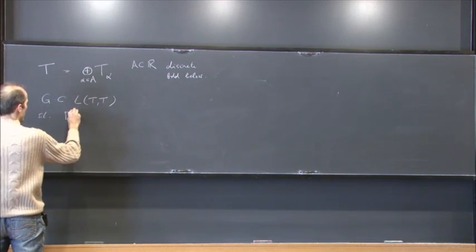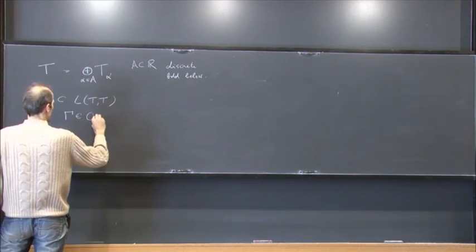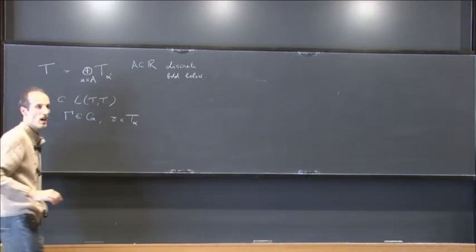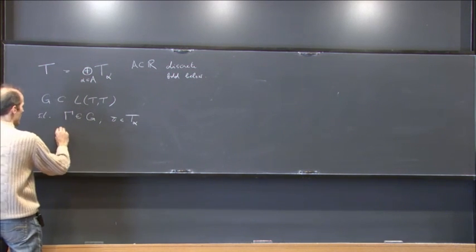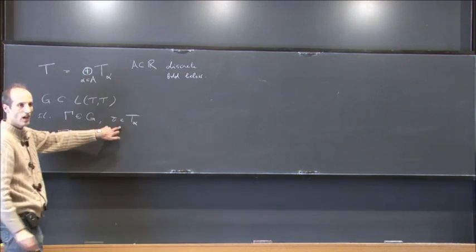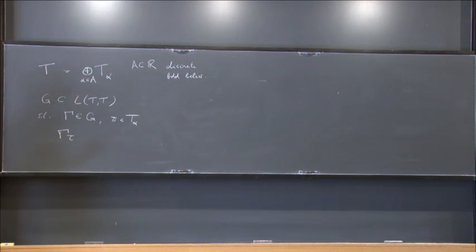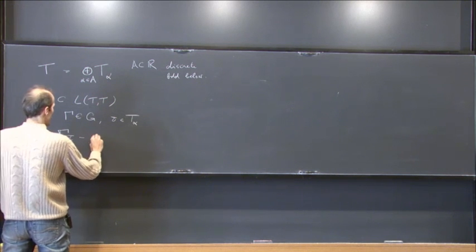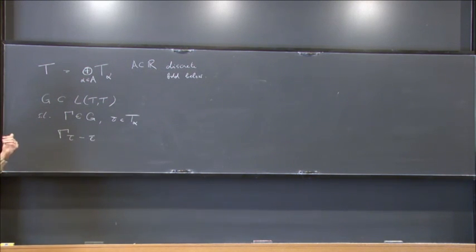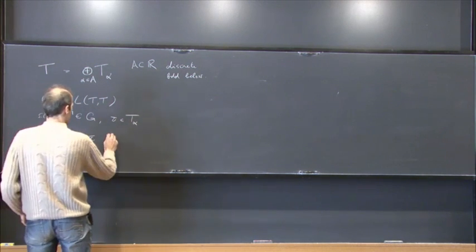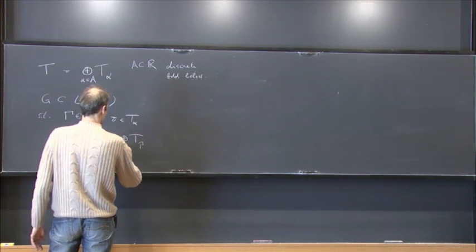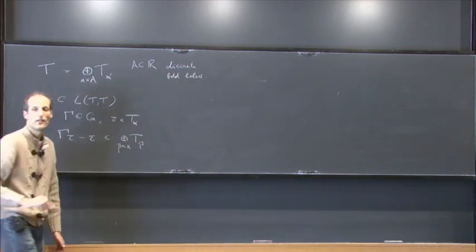So it says that if you take any operator in G and you take any element from one of these T alphas and you apply gamma to tau, which really corresponds to formally re-expanding around a different point, then you want to basically get tau again. And so if you subtract tau, you want to get only things of lower order. Okay, so you want this to belong to the direct sum of the T betas with beta strictly less than alpha.